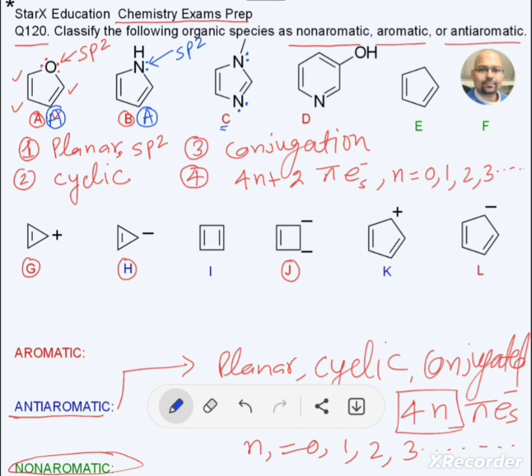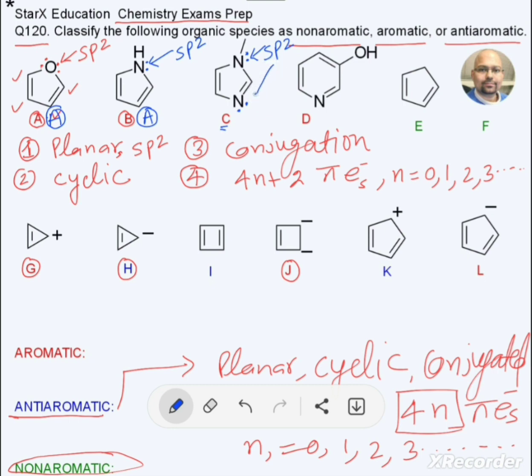Now the question is, how many electrons does it have? So it seems like it has 2 pi electrons in each bond between carbon-carbon and carbon-nitrogen, and it also has 2 lone pairs of electrons on the nitrogens that are part of the ring. So now if any atom is not sp2 hybridized, then that would be a problem for the conditions. However, in this case all the nitrogens are sp2 hybridized.